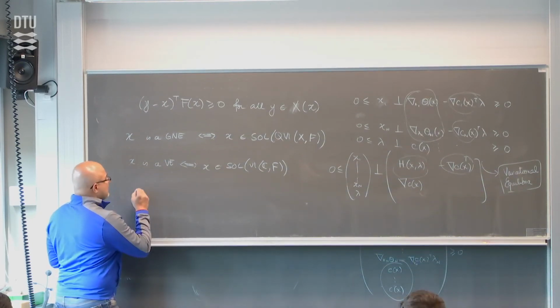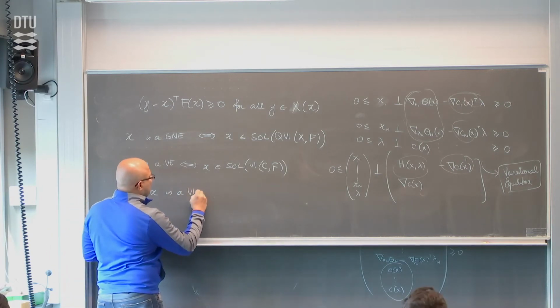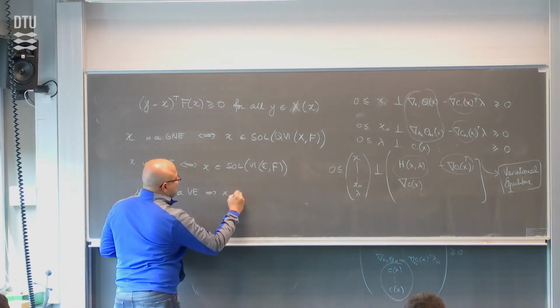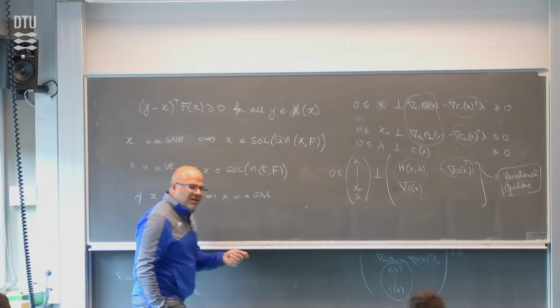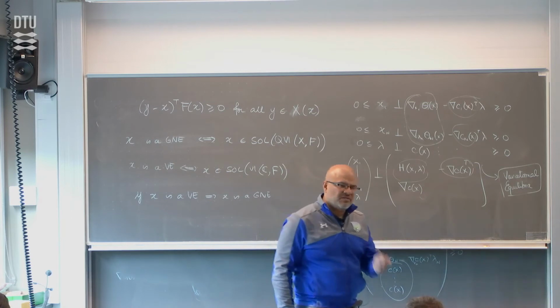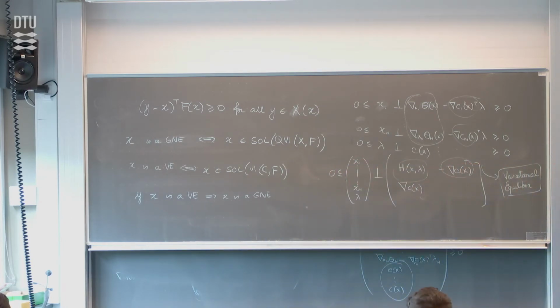Now, the first claim is that if x is a VE, then x is a GNE. So, you can get a generalized Nash equilibrium of a very specific variety by solving a variational inequality problem.